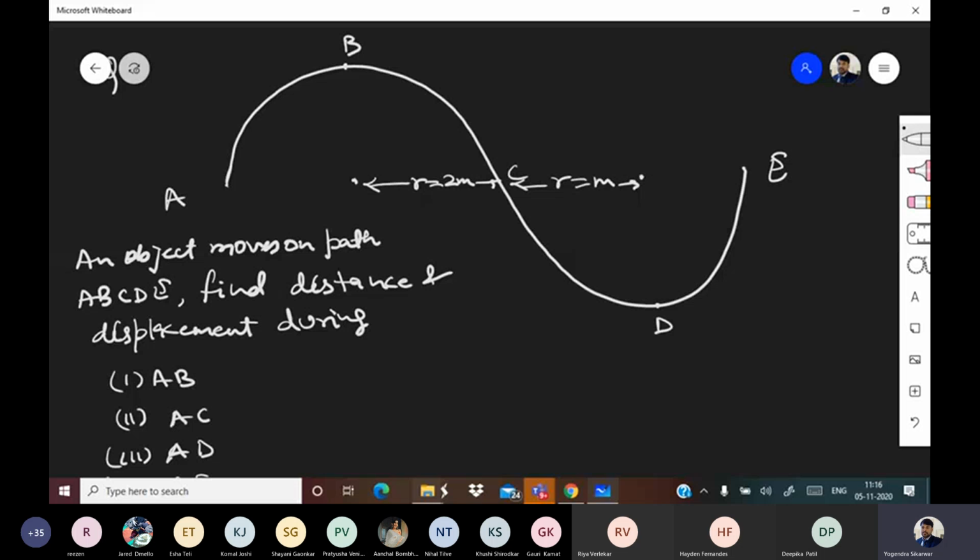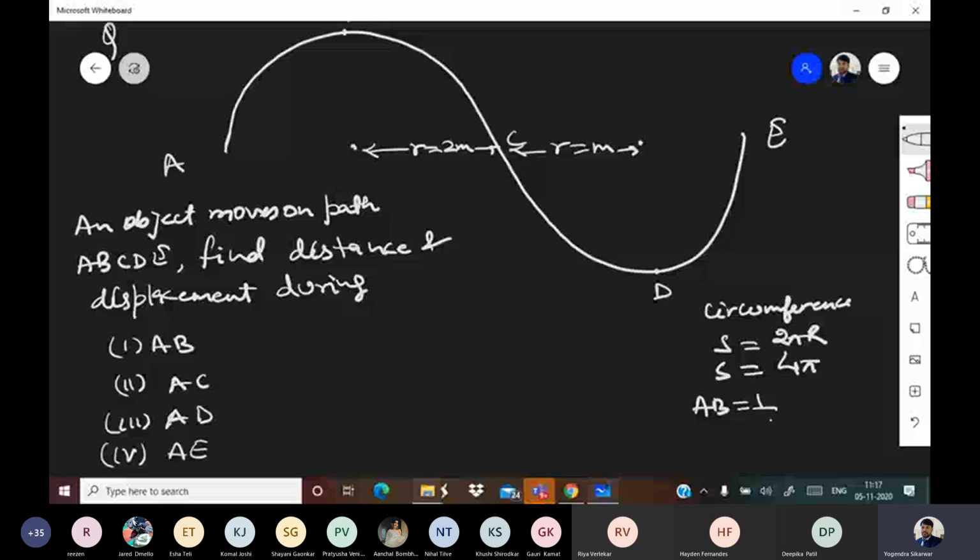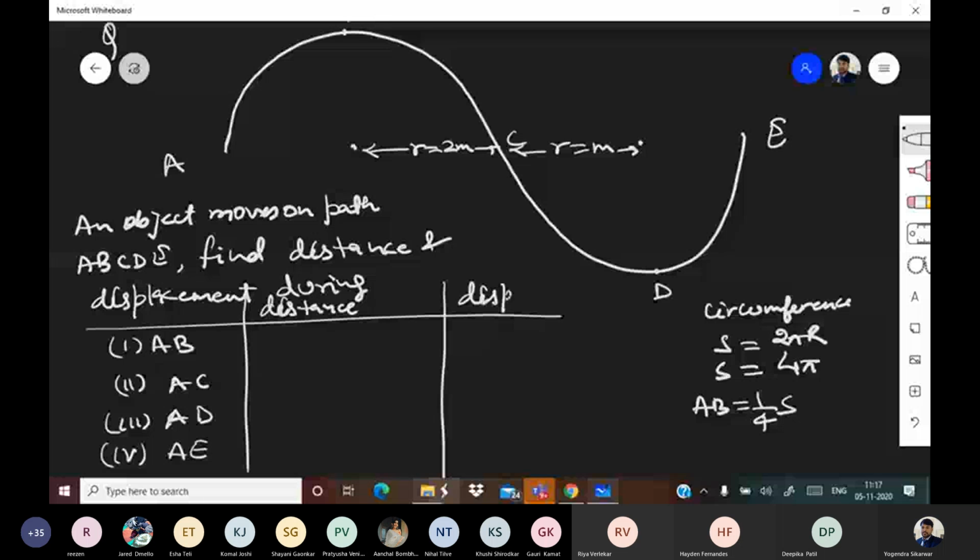AB is 1/4 of S, correct? So for AB distance, S by 4 is 4 pi by 4, which is equal to pi. So distance AB will be pi. All of them are in meters.